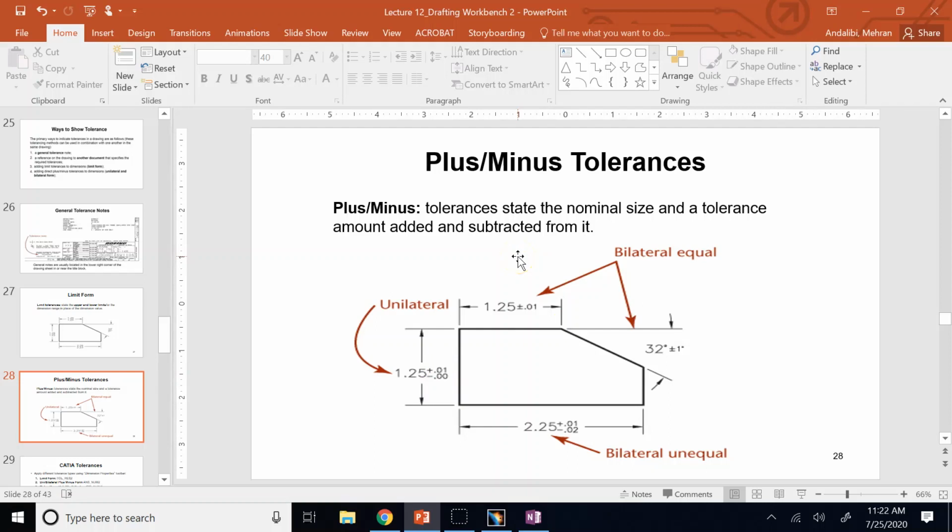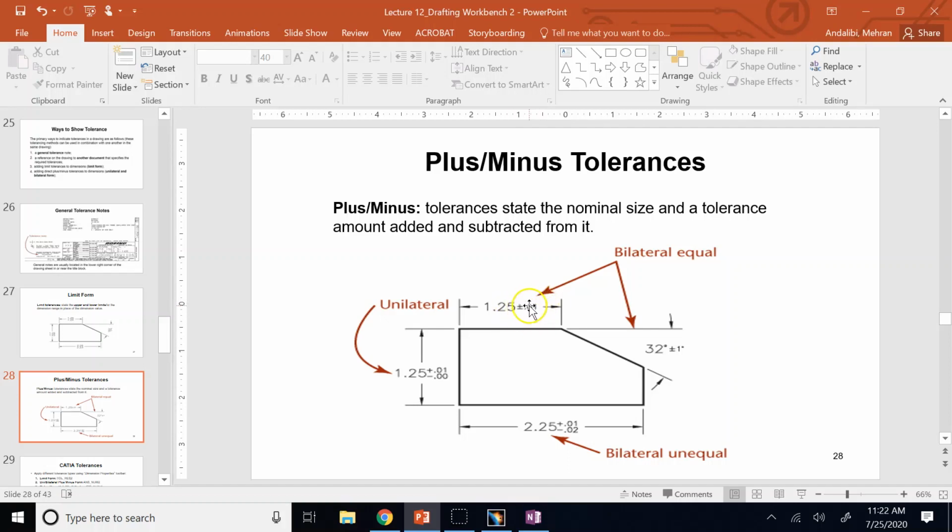Now, the plus and minus form has different ways. One is called bilateral. Bilateral means in the plus and minus form, none of them is zero. So this is plus 0.01, minus 0.01. The amount of deviation for positive and negative is the same number: positive 0.01, negative 0.01.